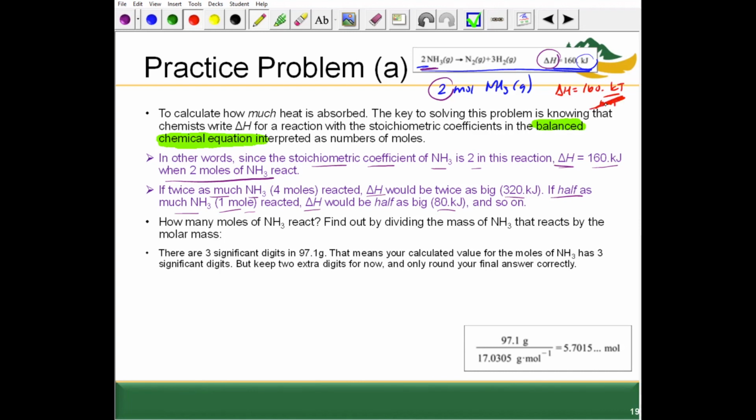It's just this many kilojoules associated with this balanced reaction. That means we can read this as 160 kilojoules for every 2 moles of ammonia, 160 kilojoules for every 1 mole of nitrogen gas that is produced, and 160 kilojoules for every 3 moles of hydrogen gas that is produced.